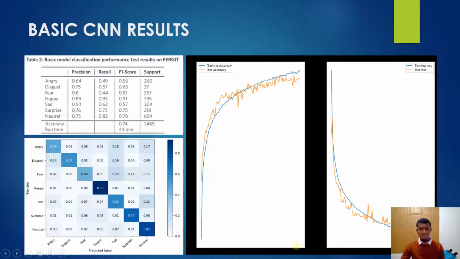But after 100 epochs, we still didn't have much increase in accuracy. This is a confusion matrix that shows how predictions are distributed between the true label and the predicted label.